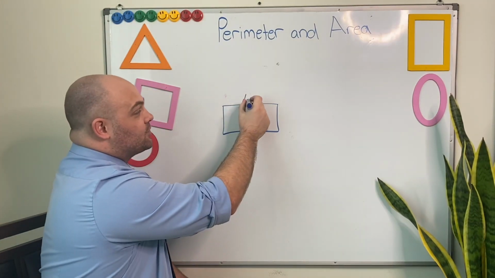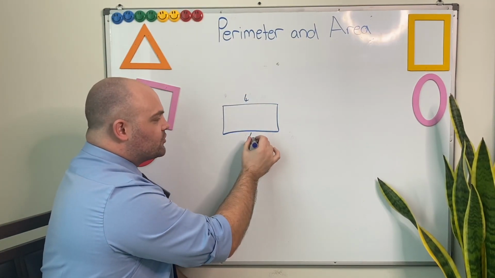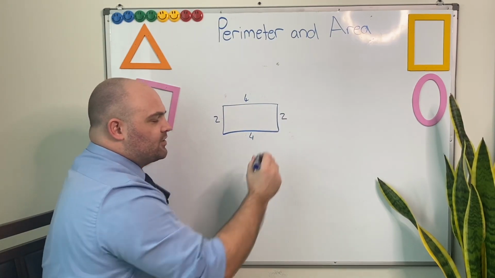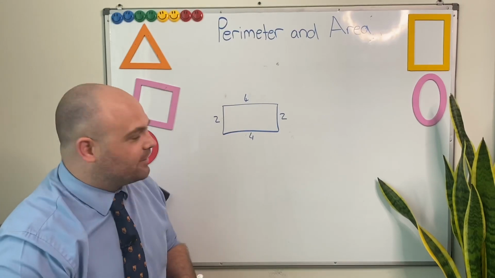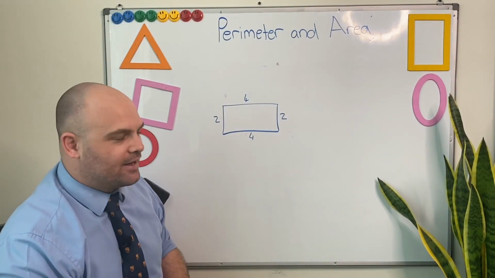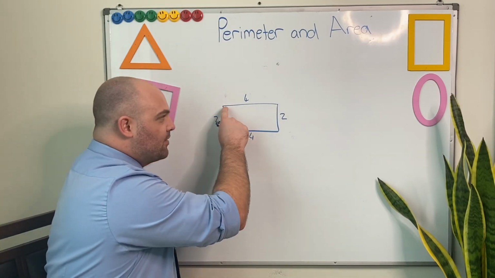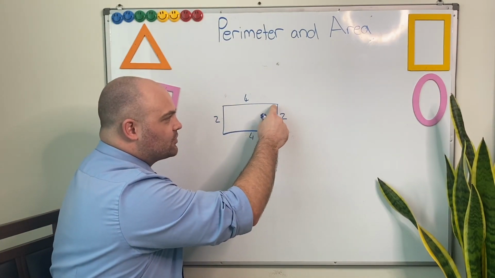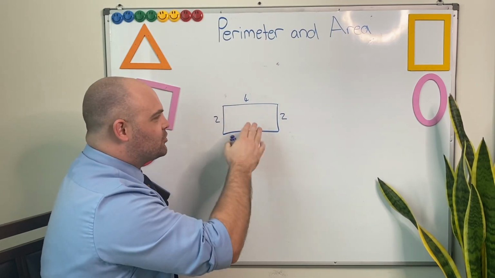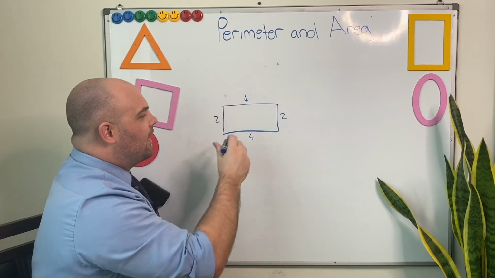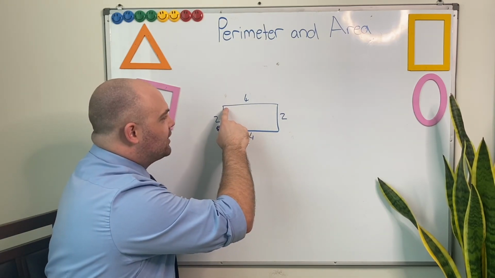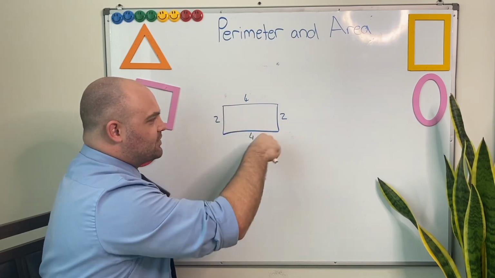So if this is 4, then this one will also be 4. And if this one is 2, then this one will also be 2. And now to calculate the perimeter, which is the total distance around the outside of the shape, we would say that this line here is 4 centimeters or 4 units. It can be any unit of measurement. It could be 4 kilometers, as long as you keep it the same in your answer. But for now, we'll say that these are in centimeters.